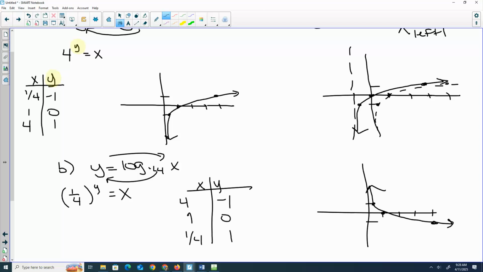Remember, they always have a vertical asymptote, so you are not crossing that vertical line. Is that okay?